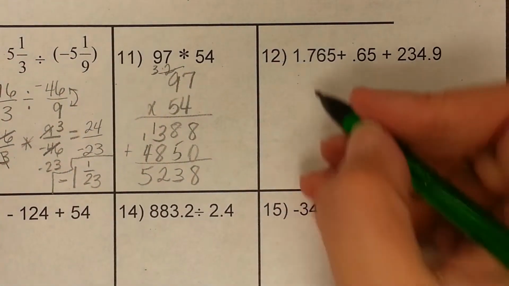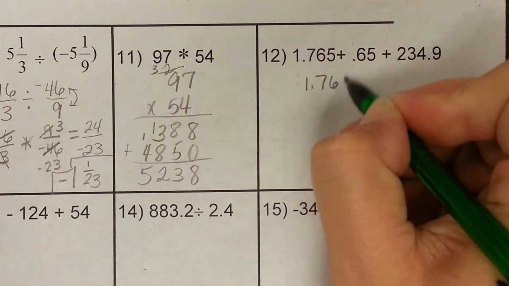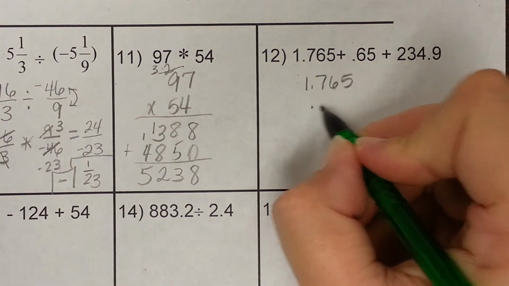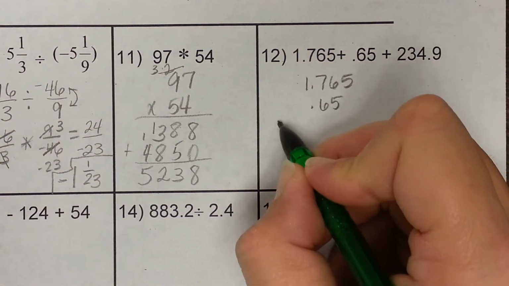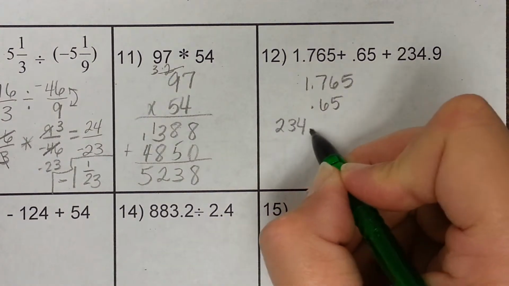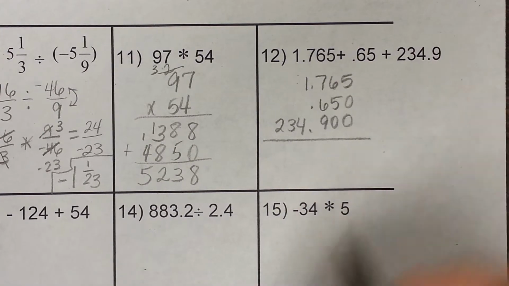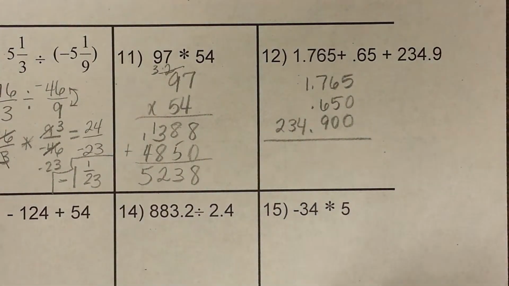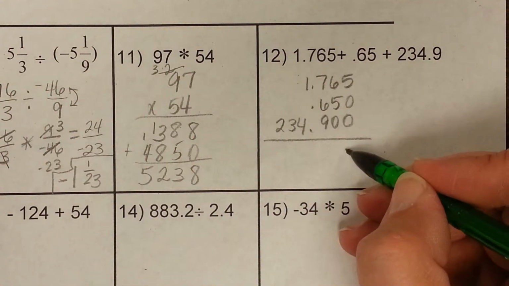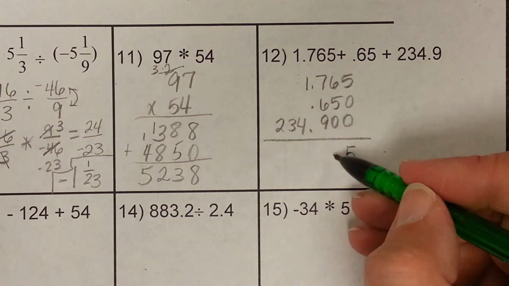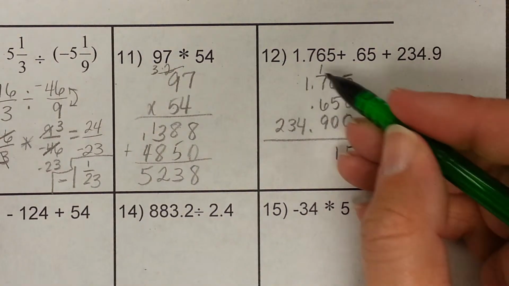Next one, I'm going to line up my decimals. I have 1.765. I have 0.65. And I have 234.9. I would go ahead and put some zeros in there as placeholders to make sure I get everything lined up correctly. First column is a 5. Next column I get 11.